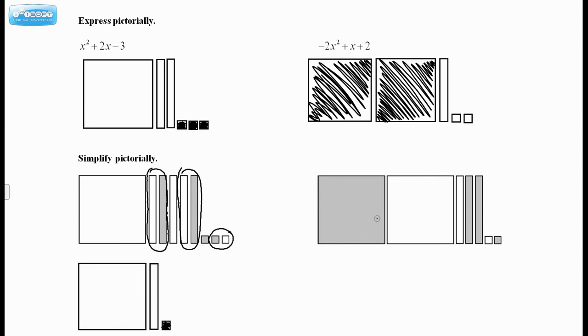Next, combining all of these tiles together and simplifying them. I have a negative x squared and a positive x squared. Combining those, they're going to cancel. So I'm just going to circle them. They will cancel. I have a bunch of bars here. So that white one will cancel out this dark one. And, oh, those little squares cancel out. So I almost have a complete cancellation.